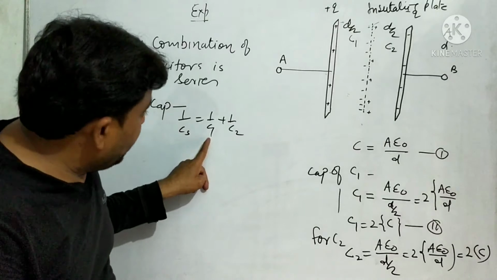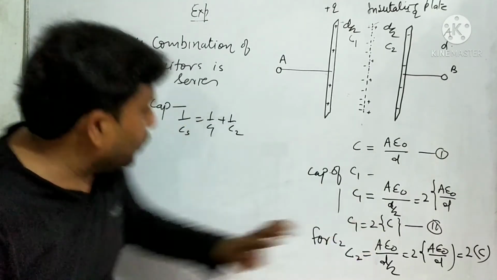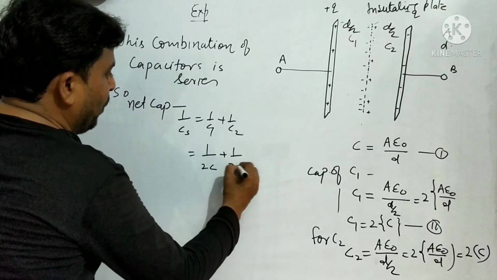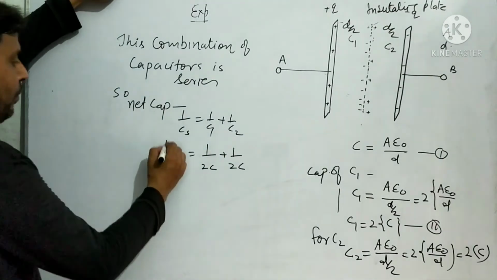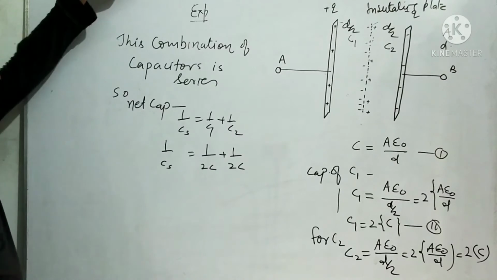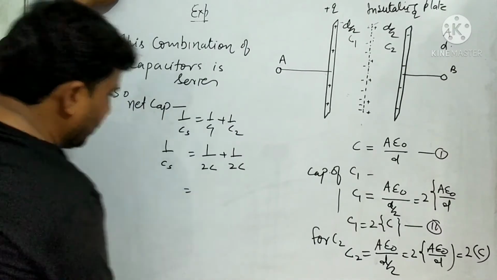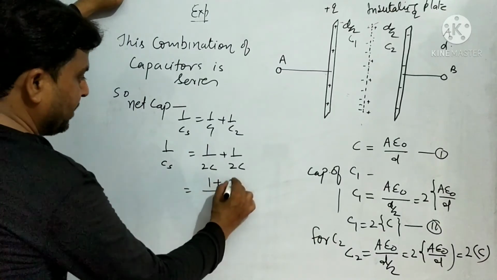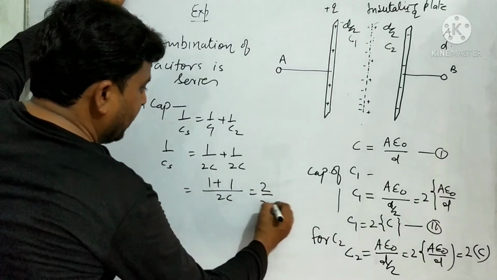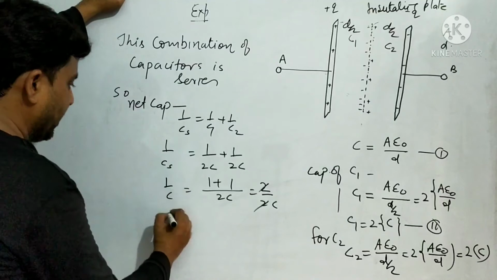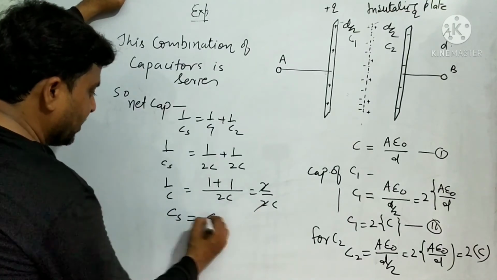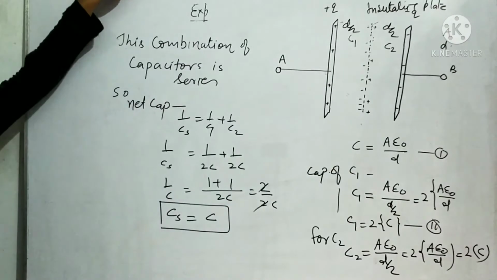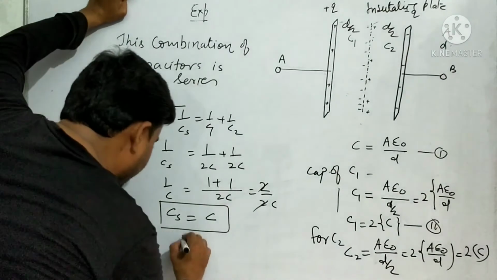1 upon C1, that is 2C, plus 1 upon 2C. So 1 upon Cs equals 1 upon 2C, take common, 2C is the LCM, 1 plus 1, that is 2 over 2C, 2 cancels, so 1 upon Cs, then Cs equals C. Same capacitance, no change.